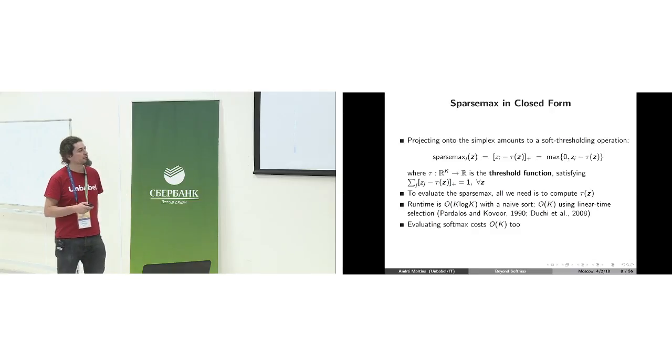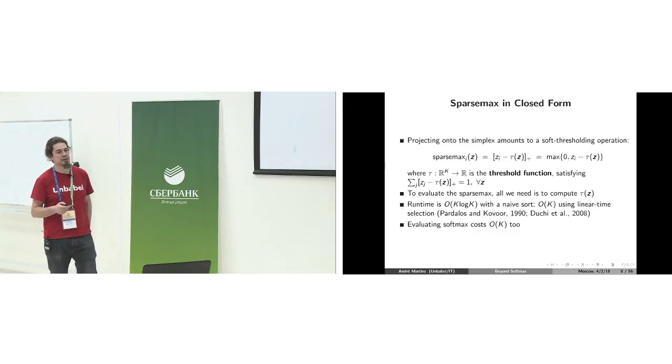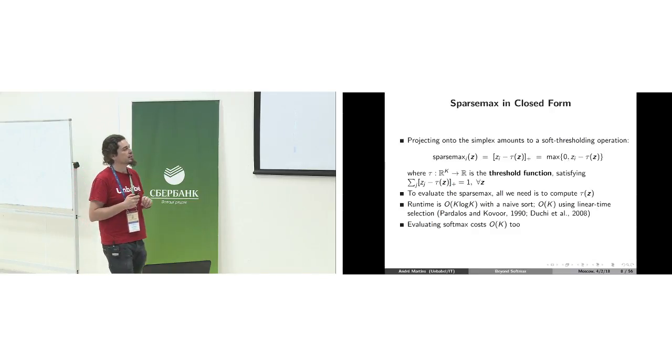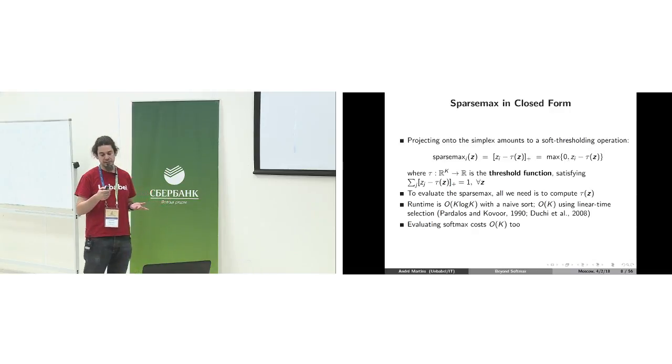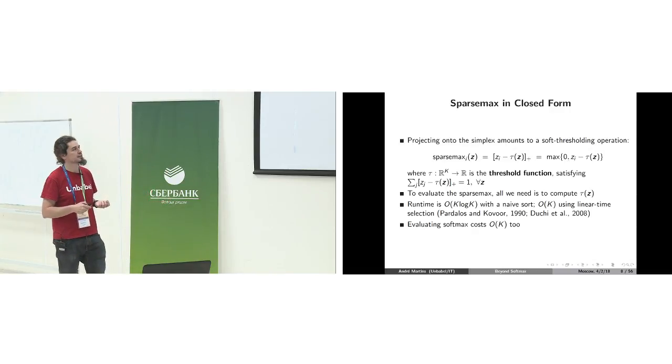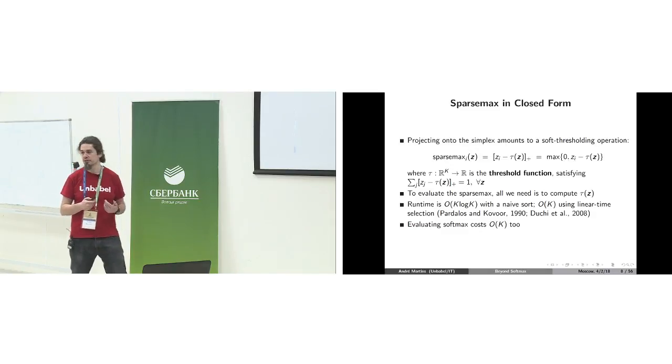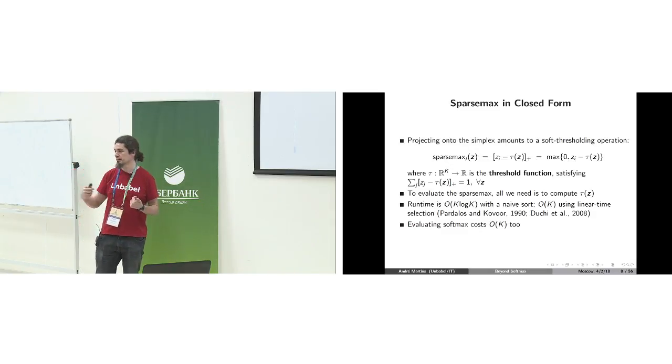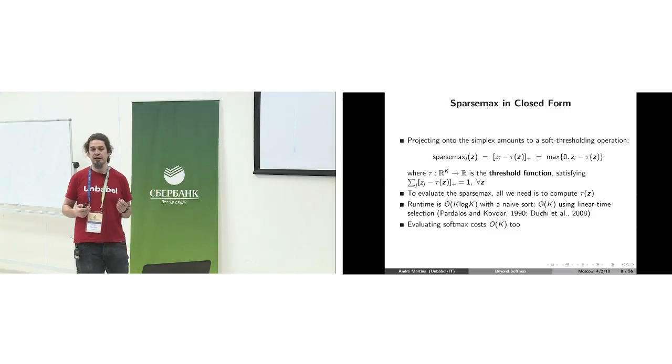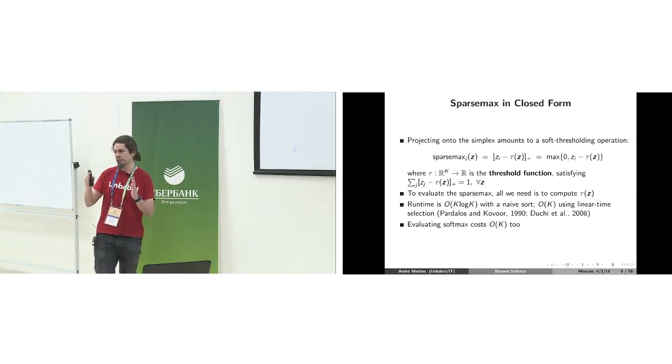I'm skipping the actual algorithm here, but I'll just give the main intuition. There is a very simple algorithm with runtime k log k, where k is the dimension of z, that starts by sorting all the coordinates of z, and then going through each interval between these coordinates and checking what are the coordinates that should be truncated.